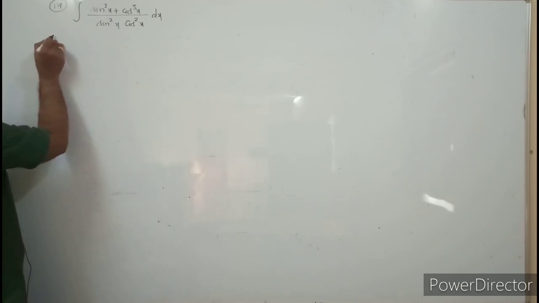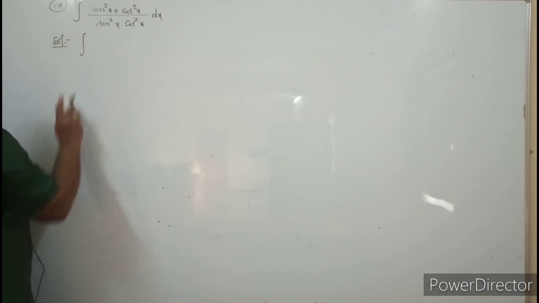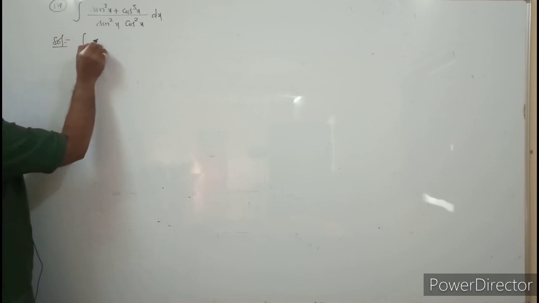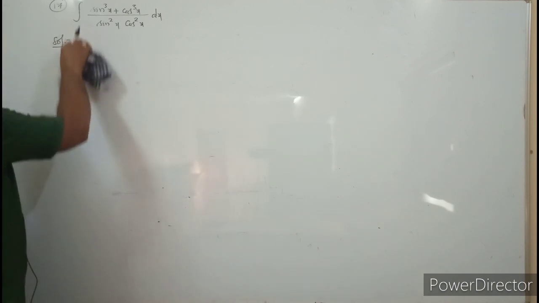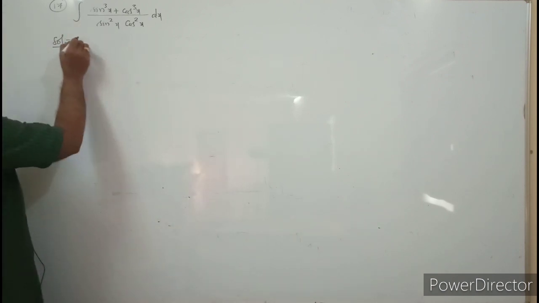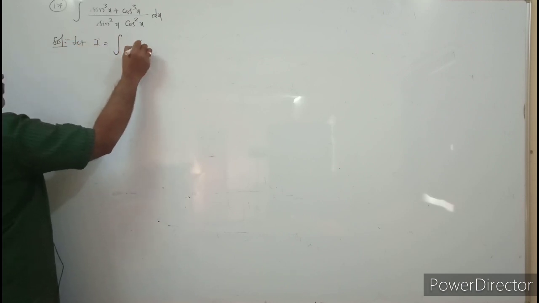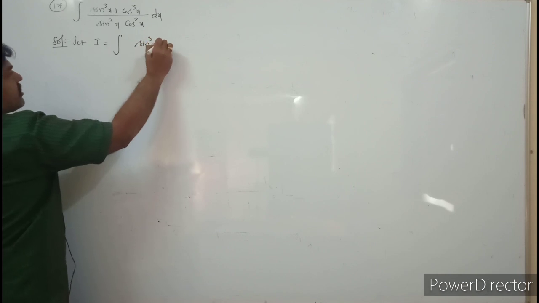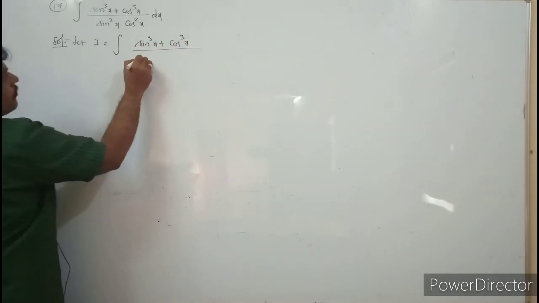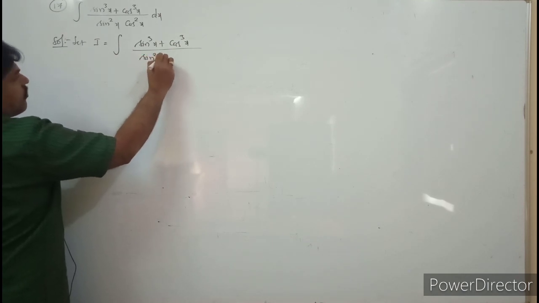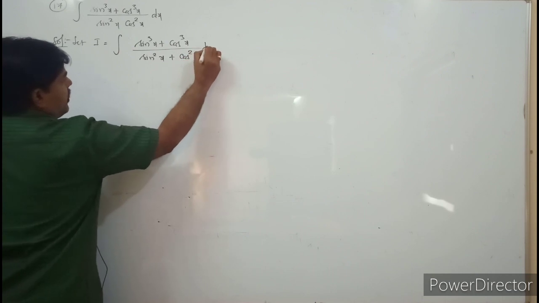So what is the problem? See the solution. First we will take the given problem as I. Let I be equal to the integral of sin cube x plus cos cube x by sin square x into cos square x into dx.